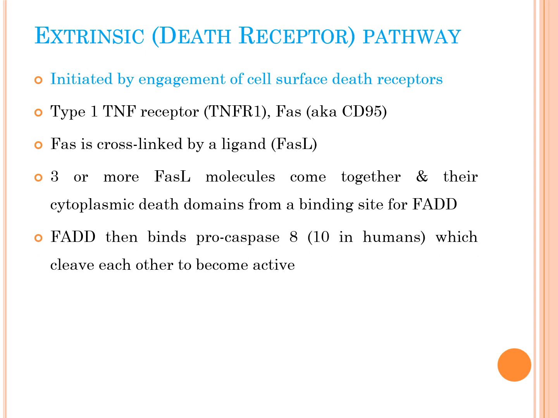FADD then binds to procaspase 8 or 10 in humans, which cleave each other to become active. And there will be initiation of the caspase cascade, that is one protein after the other will be activated, finally leading to protein cleavage, cytoskeleton damage, DNA fragmentation. All those will be the subsequent events.